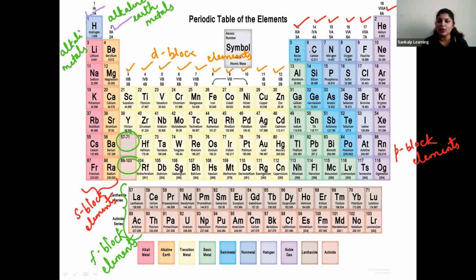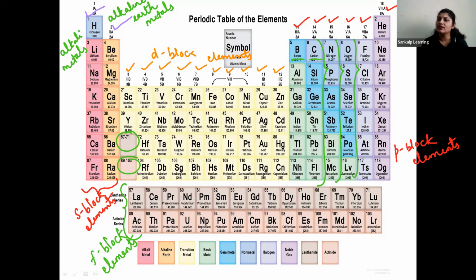Then the P block. The first group is called the boron family because the first element is boron. Then the carbon family, then the nitrogen family, which is group 15, then group 16, the oxygen family.